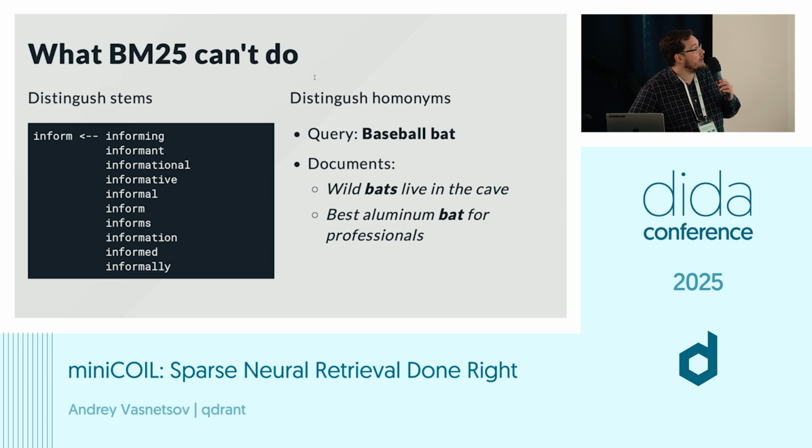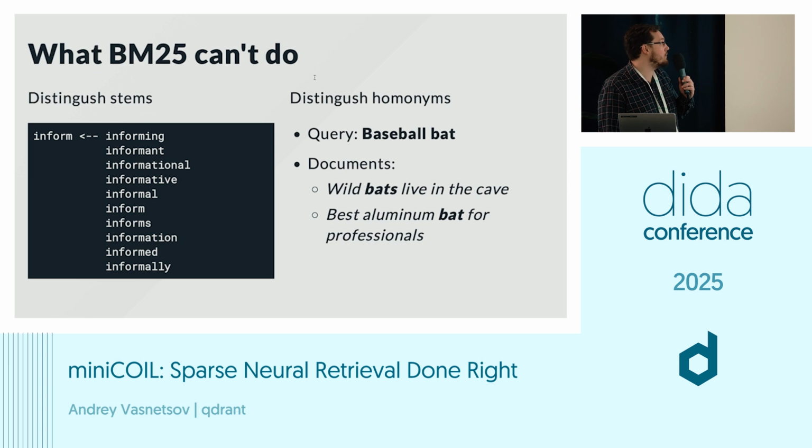So let's start and think about cases where BM25 actually cannot perform that well. The first obvious case is distinguishing between different stems. By stems, I mean the lemmatization process where we convert the words into a normal form or some kind of original form. Here it's a very simple process.